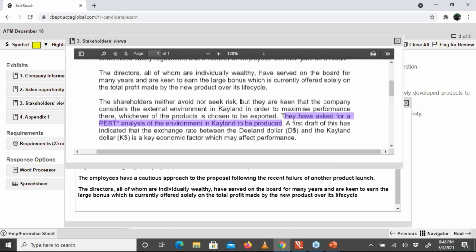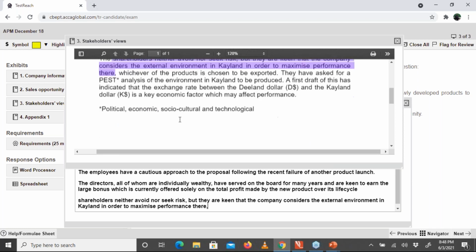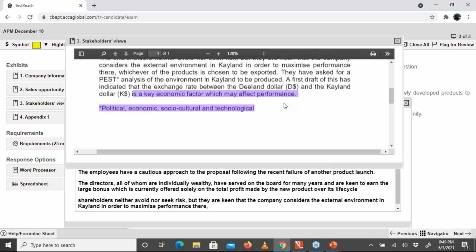So shareholders neither avoid nor seek risk, but they are keen that the company consider the external environment in order to maximize performance there. A first draft of this has indicated that the exchange rate between D and dollar and the KL dollar is a key economic factor which may affect the program.